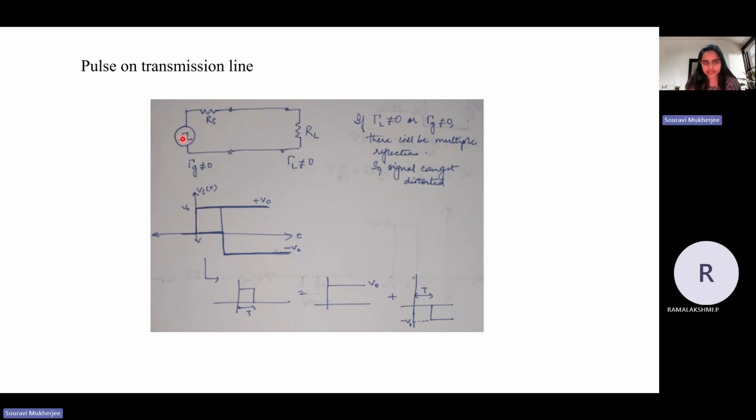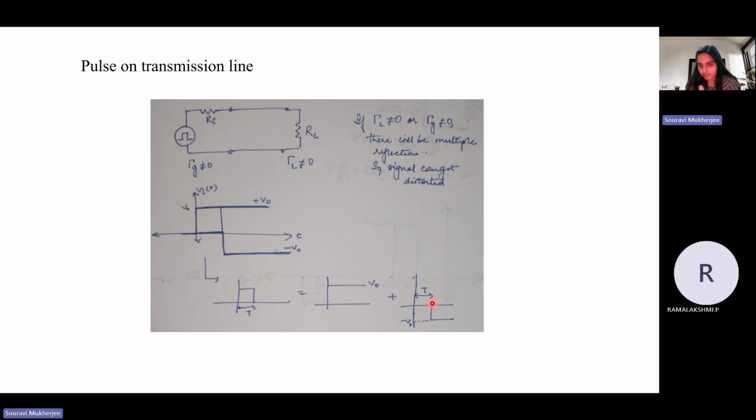Now, any pulsed signal is something like this, right? There will be a non-zero finite quantity for some duration T, and then it would go back to zero. That's your pulse signal. Right? So a pulse signal can actually be written as a combination of two signals. One is a constant like V naught, right? And then added to it is a signal which remains zero till a certain point, and then you have minus V naught, right?